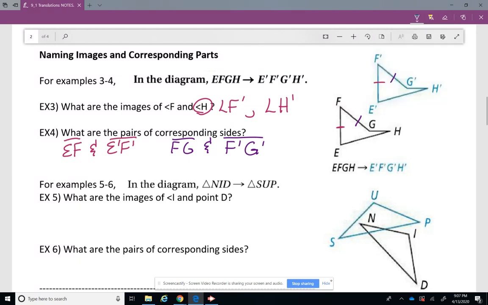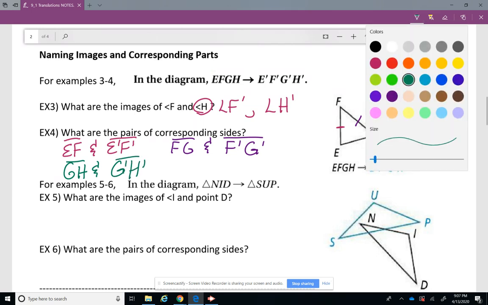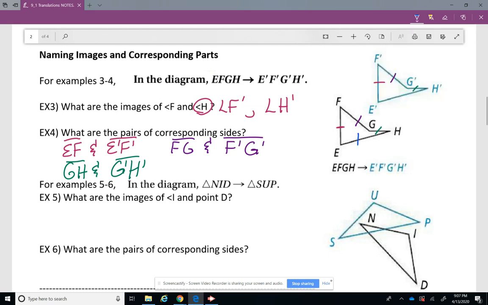All right, and then we'll do the GH. Segment GH corresponds to segment G prime, H prime. All right, and then EH, segment EH corresponds to segment E prime, H prime. All right, so those are the pairs of corresponding sides.